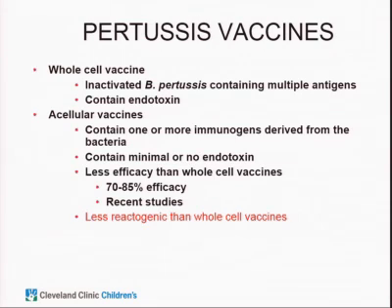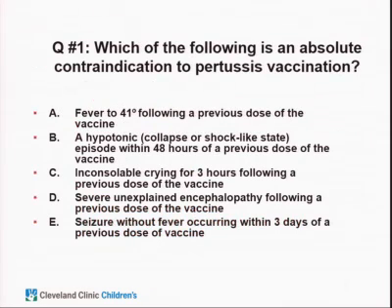The acellular vaccine contained one or more immunogens which are derived from the bacteria but do not contain endotoxin and therefore are much less reactogenic than whole cell vaccine. Recent data has shown them to be less efficacious than whole cell vaccine, but because they are much less reactogenic, that is what we use.